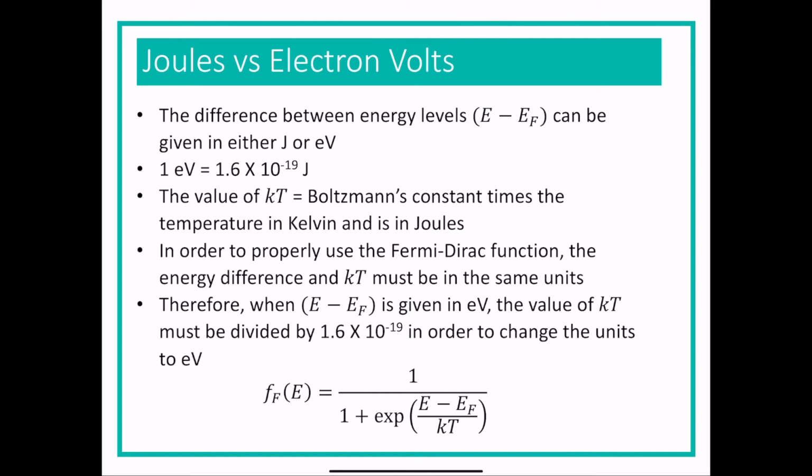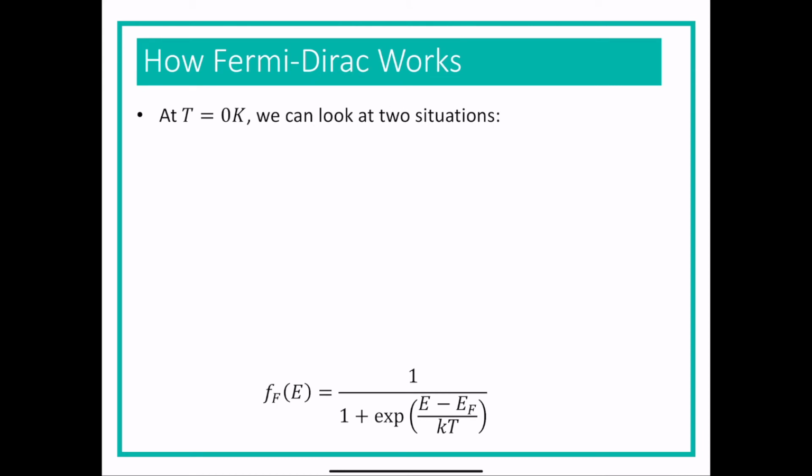Well, let's look at it at 0 K again. 0 K is a great temperature. If the energy level E is less than EF, then E minus EF makes the whole exponential turn to negative infinity, which equals 0, and the probability of finding an electron there is 1, which is what you would expect at 0 K. They can't go anywhere.